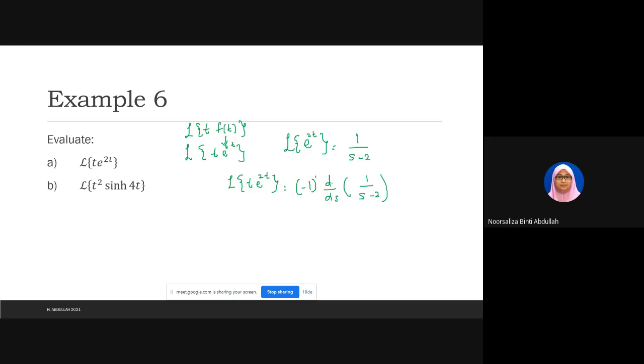Then minus d over ds of 1 over s minus 2. And then you differentiate 1 over s minus 2, and you have minus 1 over (s minus 2) to the power 2.